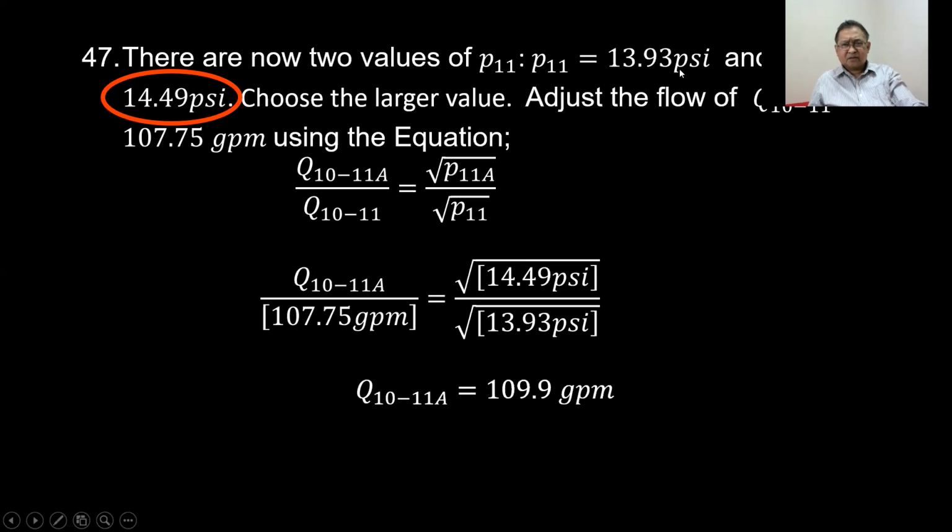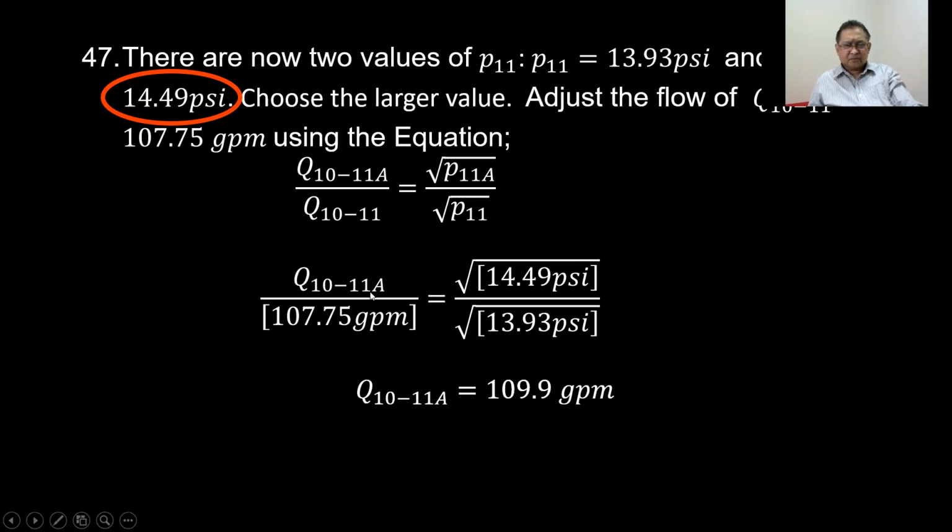And we notice that there will now be 2 results for the pressure at point 11. We have now 13.93 and 14.49 psi. So this cannot be the case. There should be only one pressure in the junction. So we will adjust the flow. Okay. So from this equation, the adjusted flow divided by the calculated flow of 107.75 will be a ratio of the square root of the higher pressure to the square root of the lower pressure.